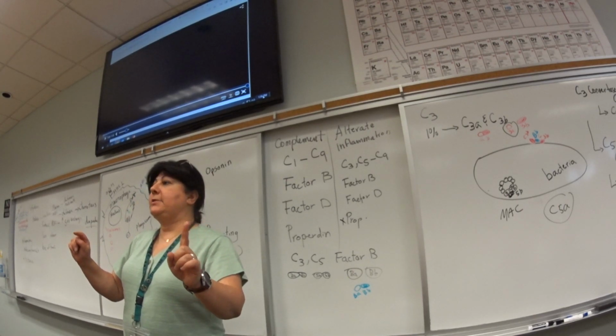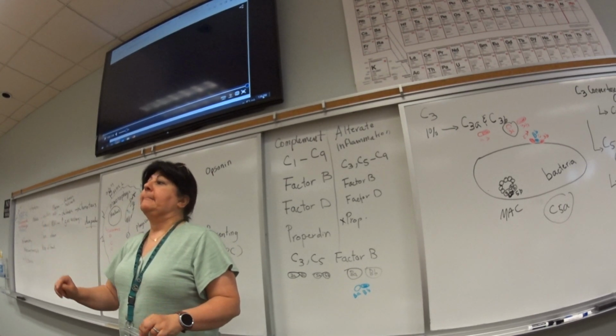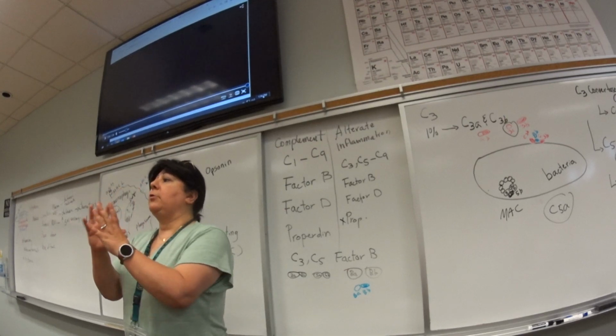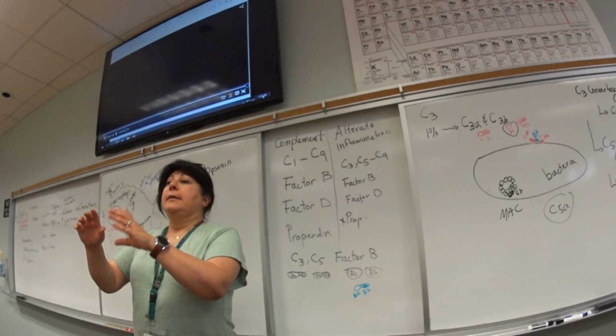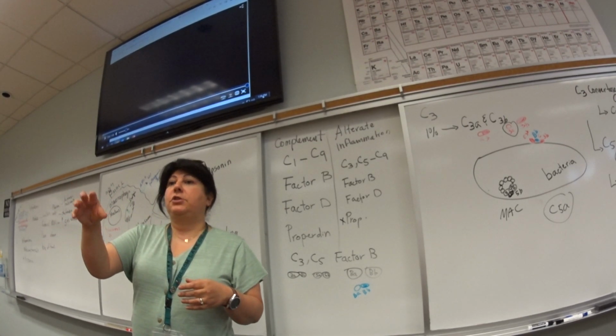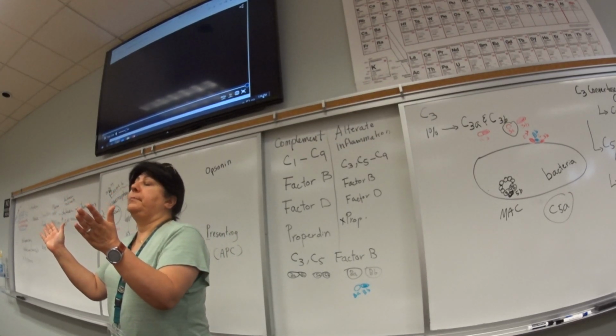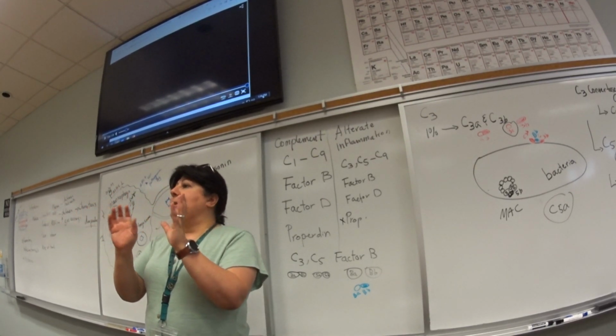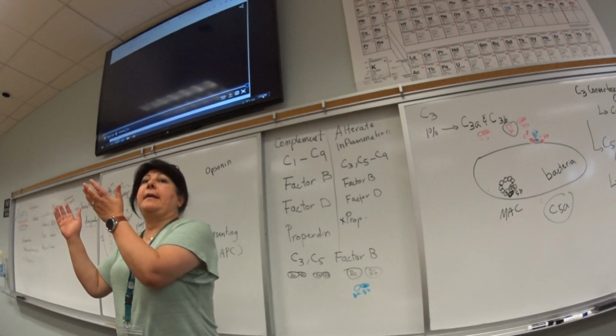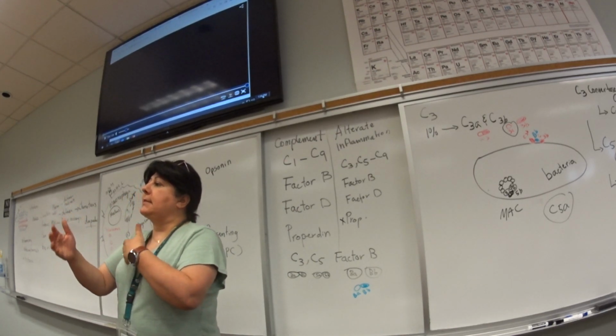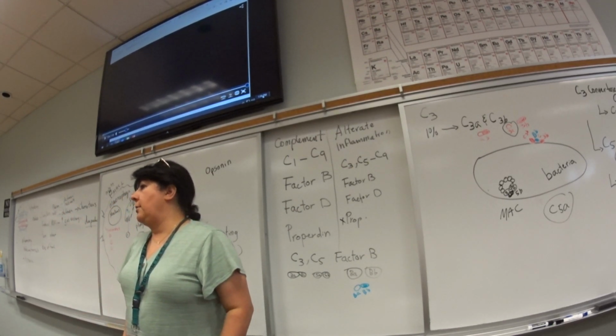What is the job of part A? What is the job of part B? Factor B, I only need the Bb part of it. Factor D, its job is to split factor B. Properdin makes it easier for me to make C5 convertase. And then look at the individual jobs of those.